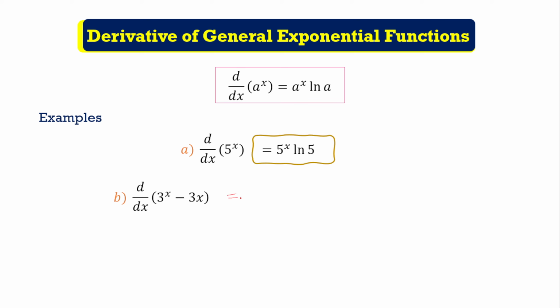First, apply the difference rule, since it has a negative sign. The derivative of 3 raised to x, using the general exponential rule, is itself times ln 3, because a is 3, minus the derivative of 3x, which is 3. So that's the final answer.